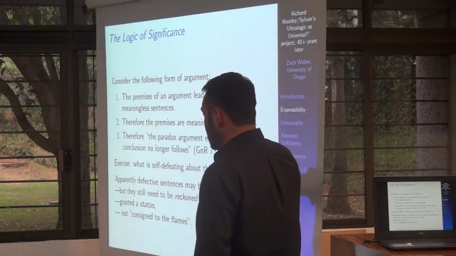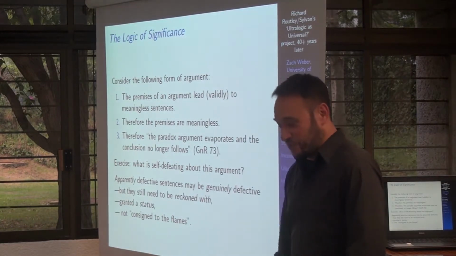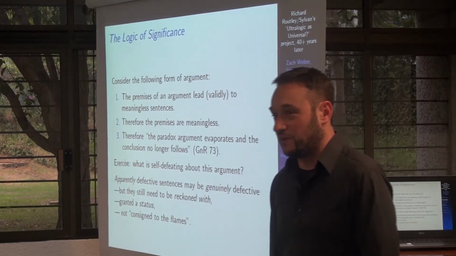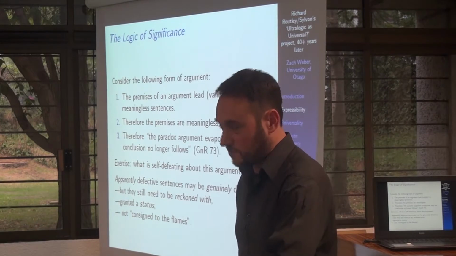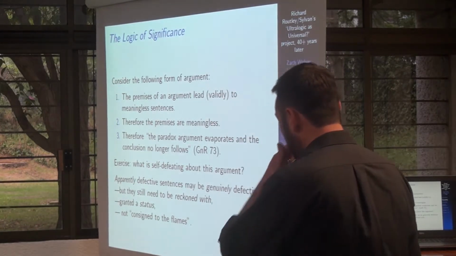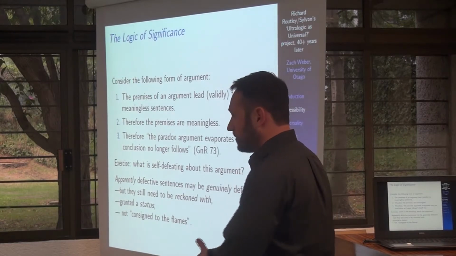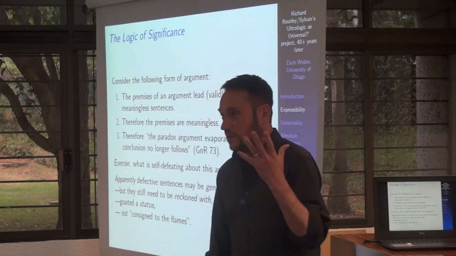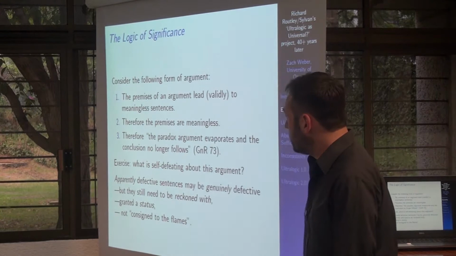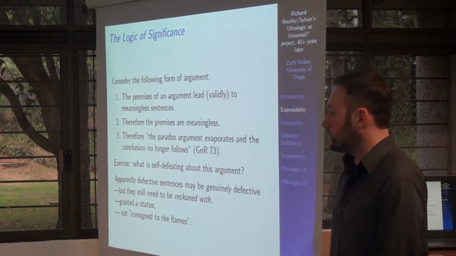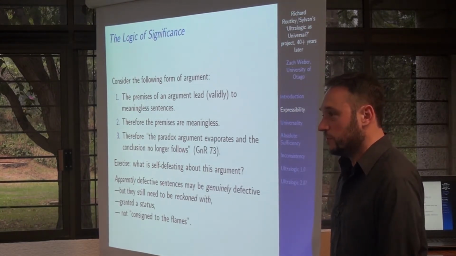So I've left it as an exercise for this group. What is self-defeating about an argument like this? Everybody done? Okay, the answer. Right, if it turns out that this argument evaporates, then premise one, that this argument leads validly to meaningless sentences, is no longer true.